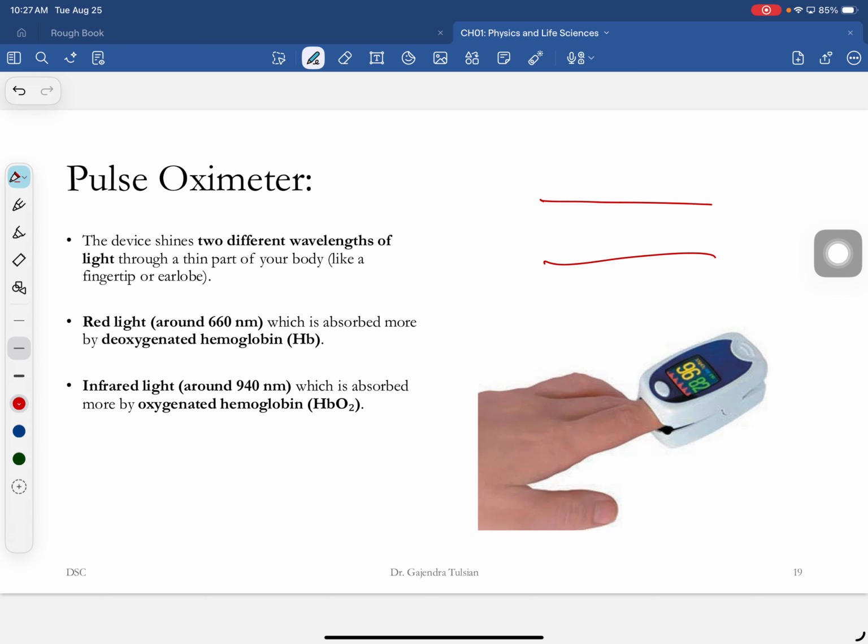Here's your finger. Here's blood flowing, and what we'll do is we'll shine a red light and an infrared light.